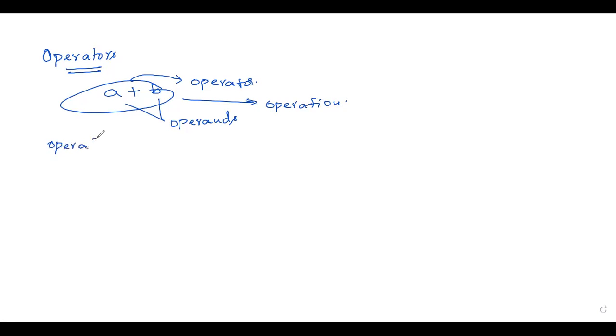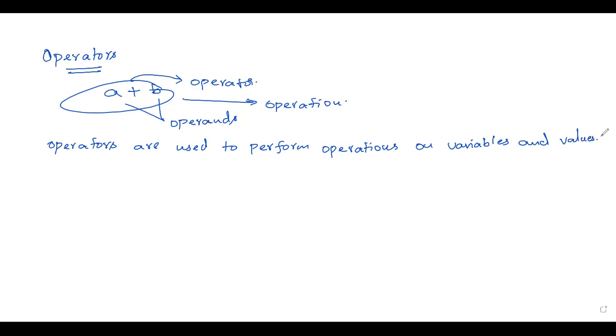Directly we can provide the values as operands, or else we can provide variables as operands, and we can perform the task.